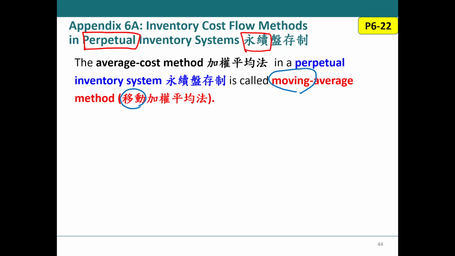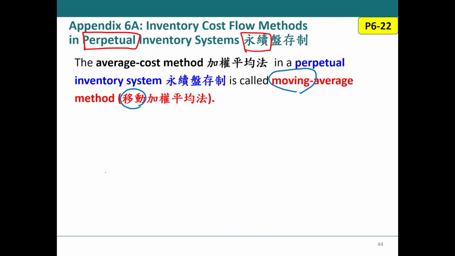Because remember, weighted average method means we mix all inventory together to get a new one, right? For periodic, we mix it on the last day. How about perpetual? We mix all inventory together every time we sell, okay?